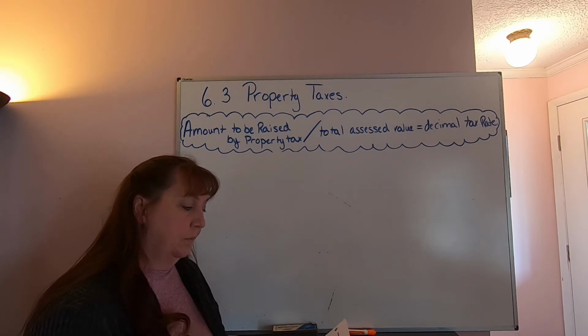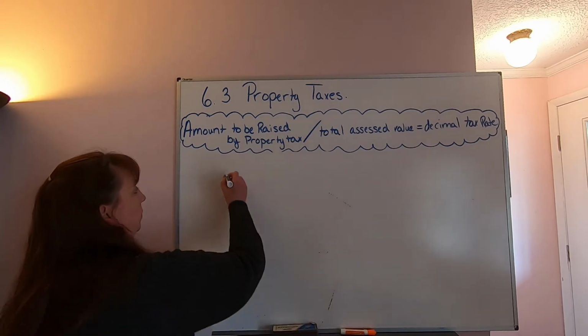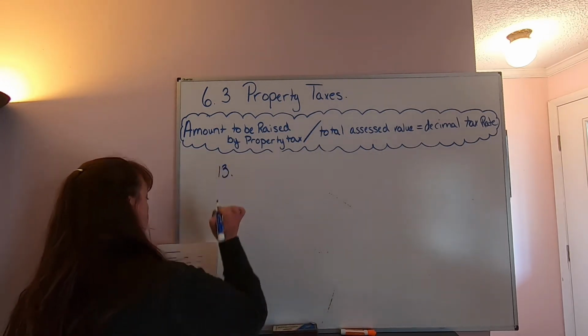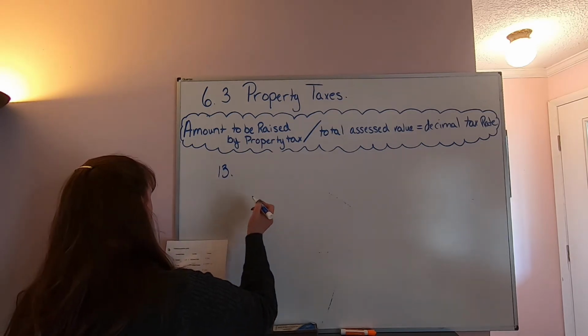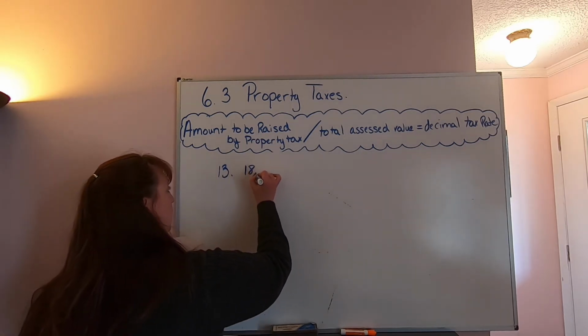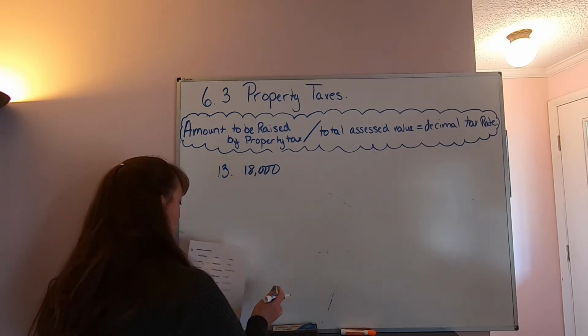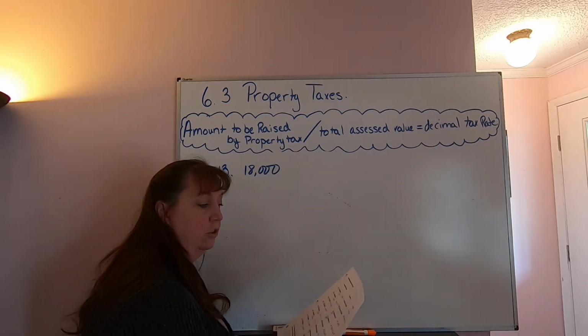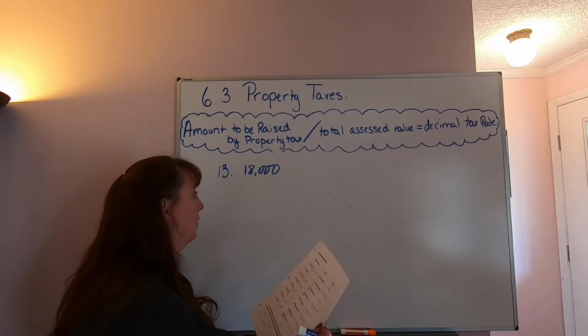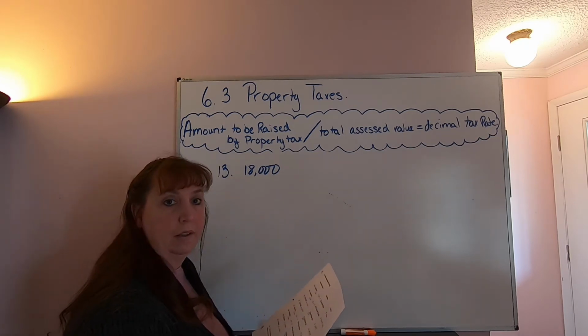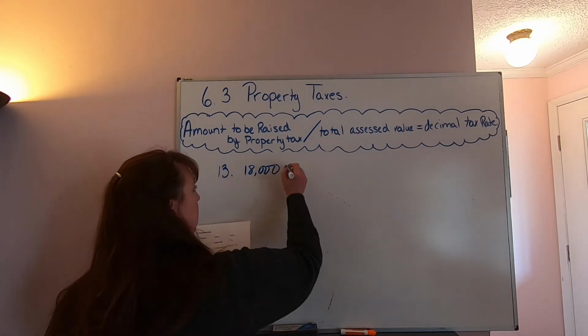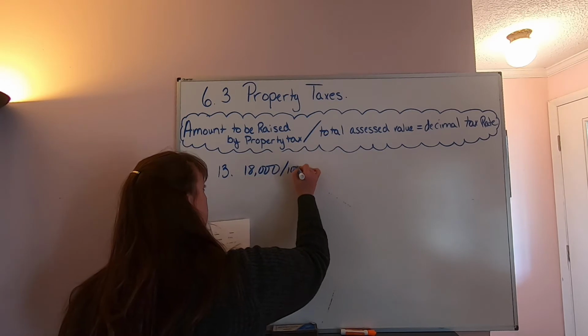So in question number 13, it says that your assessed value is $18,000. And it says we're going to pay $5.20 per 100. So every 100 of this, we have to pay $5.20. So we need to divide it by 100.